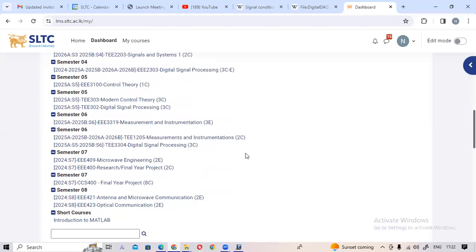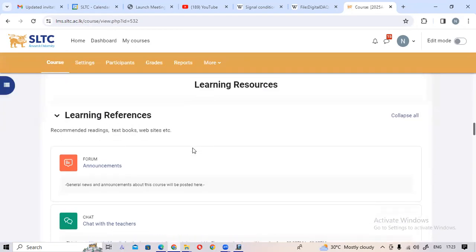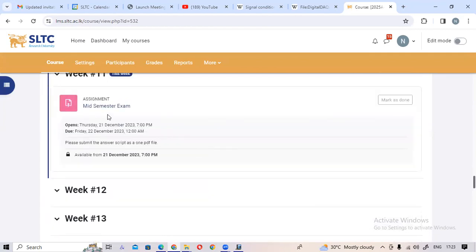That means 5 hours is given. You need to upload your answer script as one PDF file. So you can get the paper today at 7 p.m.